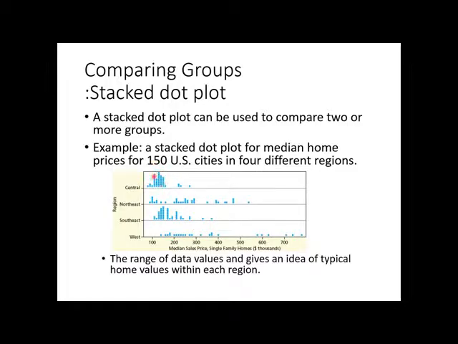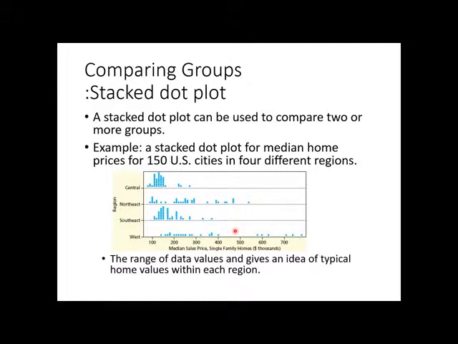Central state cities have very low house prices, and West Coast cities have very high house prices. Using this figure, politicians and the government can be helped when they would like to design a policy for households, because they have to compare this data.